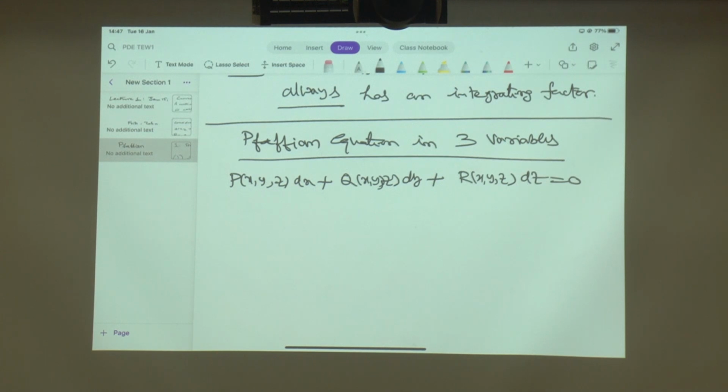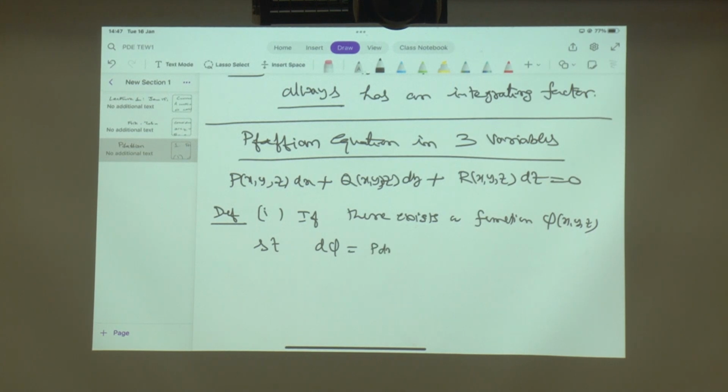Similarly, integrating factor. So maybe I'll write down the definition quickly. If there exists a function phi of the three variables such that d phi is equal to p dx plus q dy plus r dz, then the Pfaffian equation, let's put P for Pfaffian, is said to be exact.